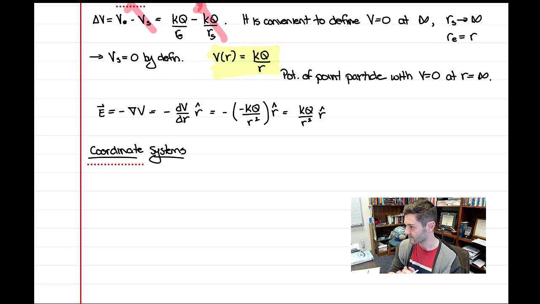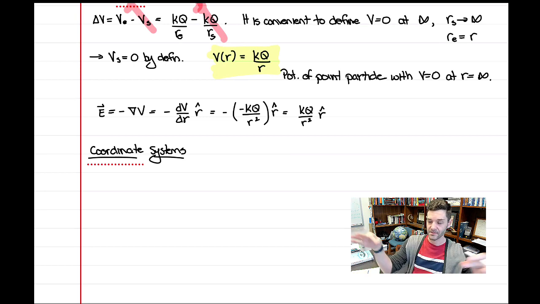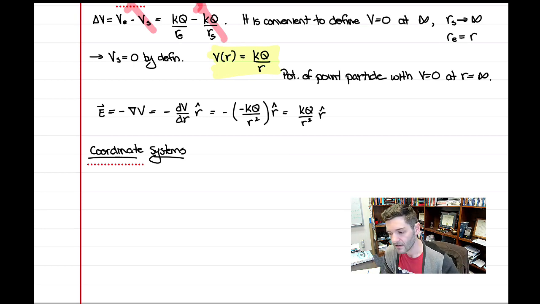If you have spherical symmetry, why not use a coordinate system that, instead of X, Y, and Z, utilizes the geometry you're dealing with? Perhaps one of the coordinates should be not X, Y, or Z, but how far radially away you are from the center, if you're dealing with, say, a sphere. That's what's called spherical coordinates.